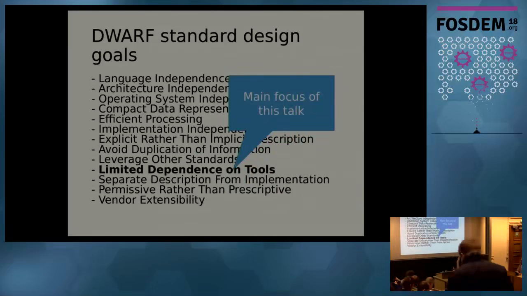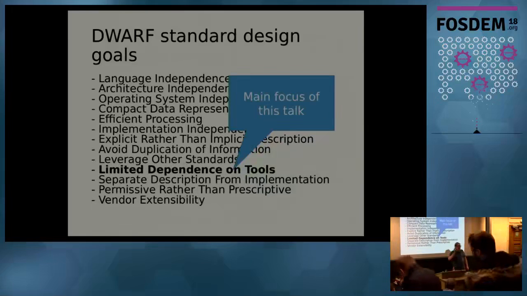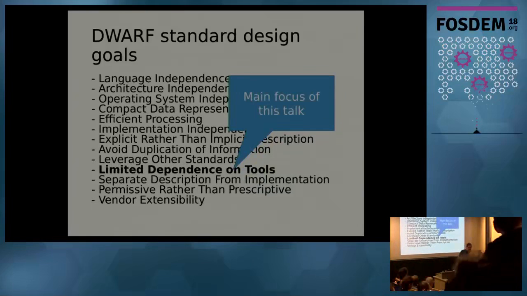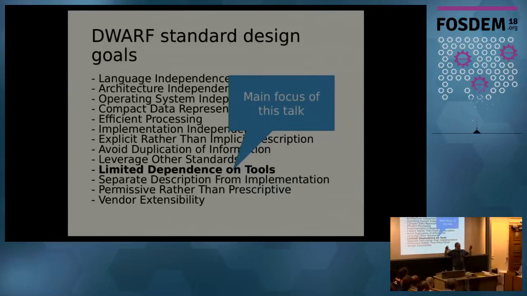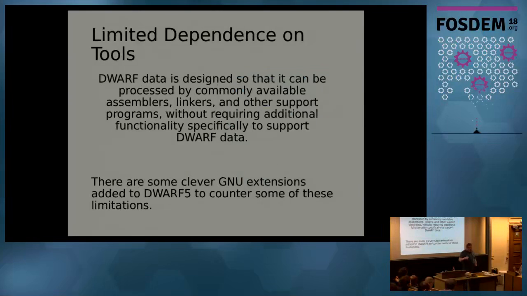This is one of the design goals that I picked out because I had to pick something to talk about, and when I started to list everything that DWARF5 got from the various GNU extensions, it was way too many. So I like this design goal that tools that have to process DWARF don't have to know about DWARF.